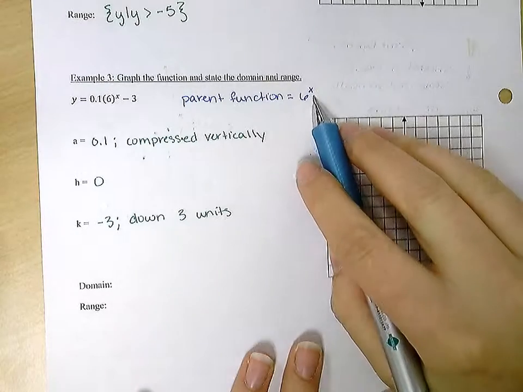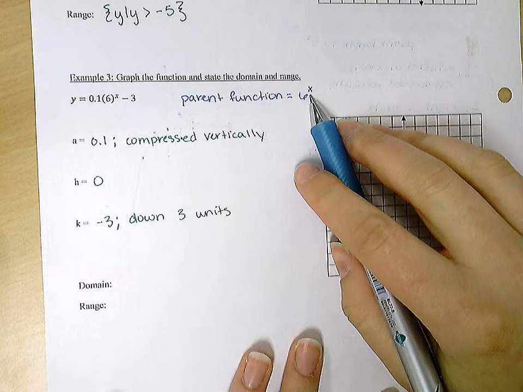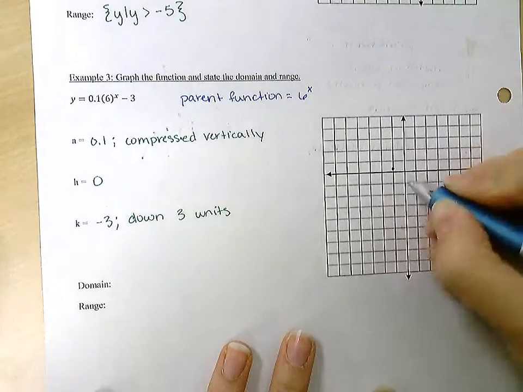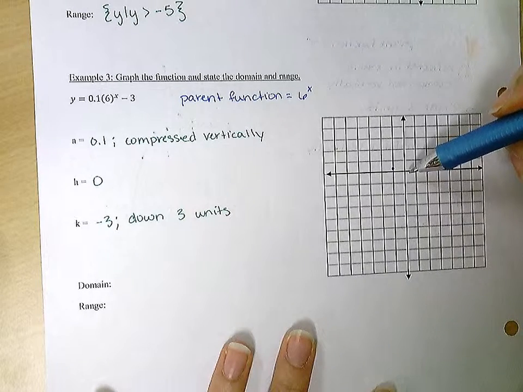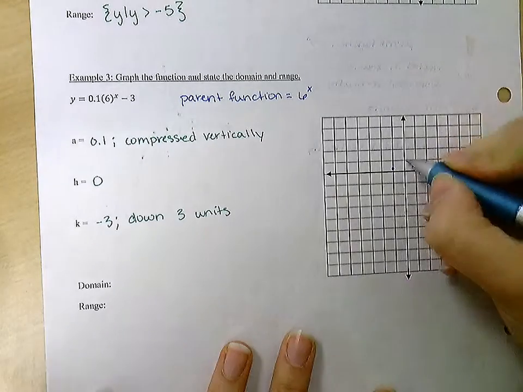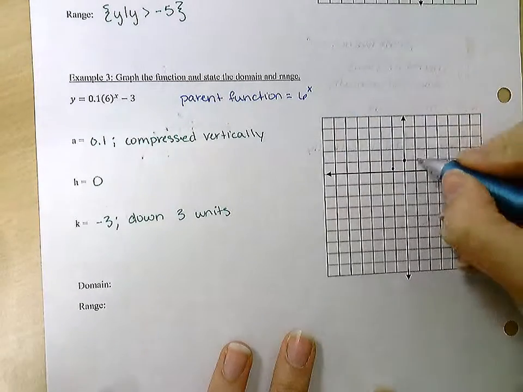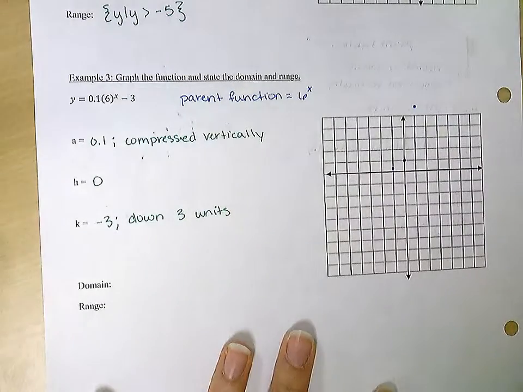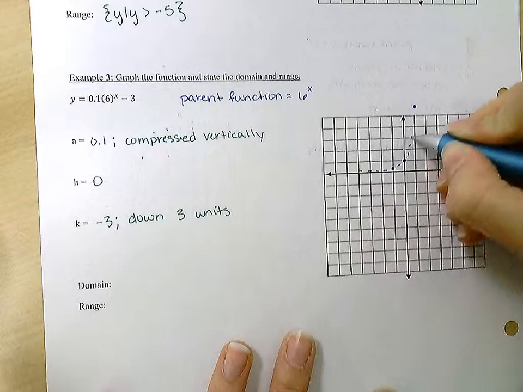If I plug in -1 for x in our parent function, what do I get? 1/6. If I plug in 0 for x, what do I get? 1. And if I plug in 1 for x, you get 6. So this is your parent function.